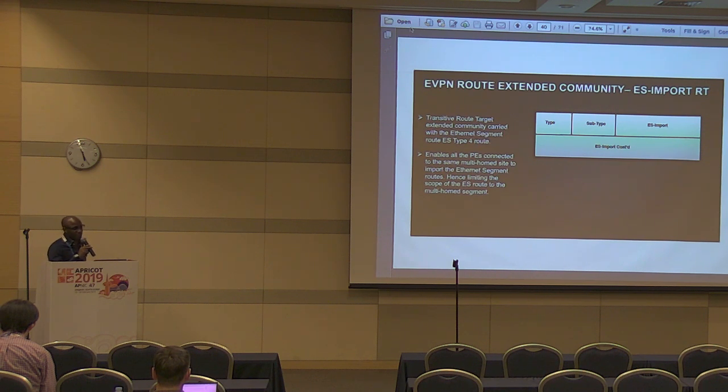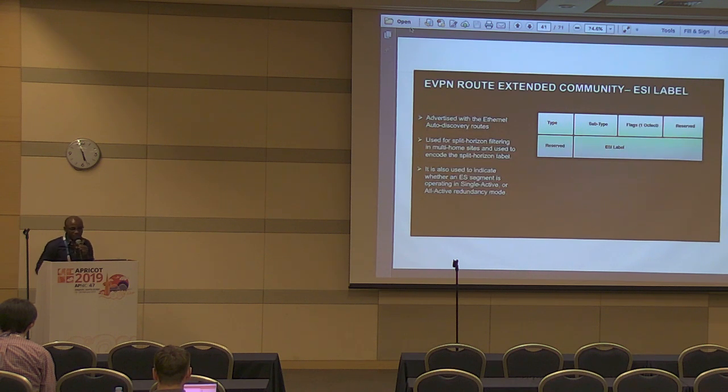It is attached to the type 4 route, which is used for the DF election and the auto discovery. The ESI label is actually advertised with the Ethernet auto discovery route. It is used for the split horizon filtering.